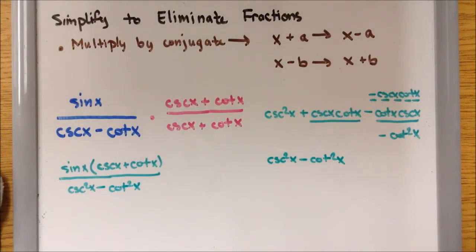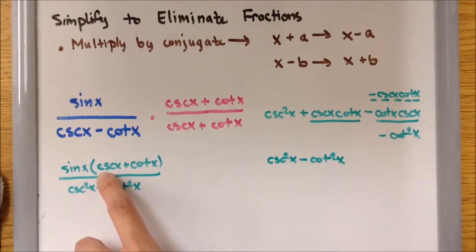After that, I'm not going to mess with the denominator, cosecant squared x minus cotangent squared x, for now, but I'm going to work on the top part. Here's the reason why I didn't want to distribute in the first place.